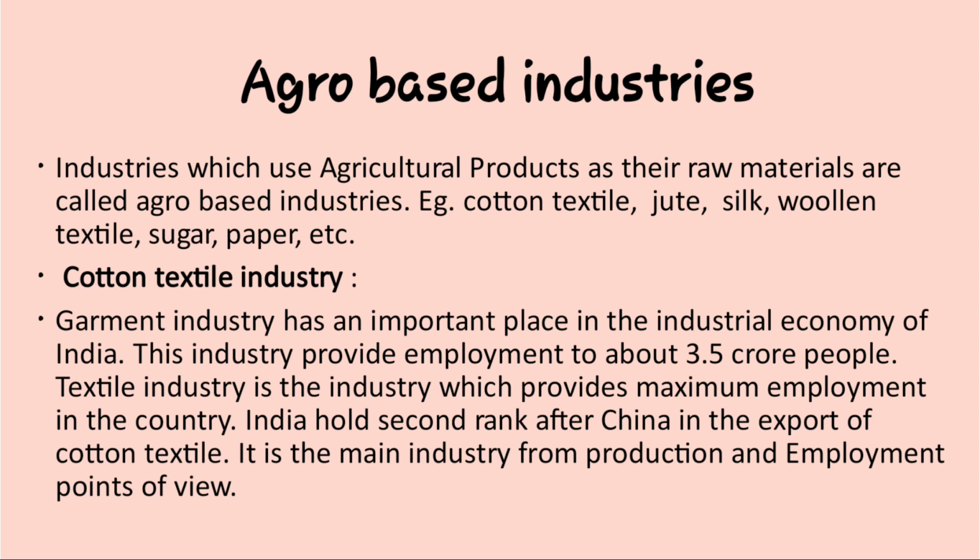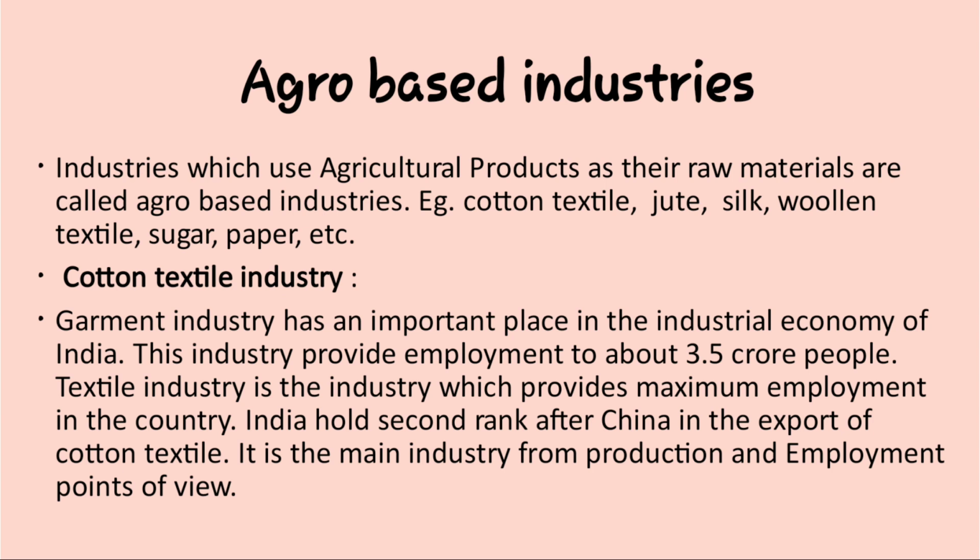For example, cotton textile industry is an example of large scale industry, whereas sugar industry is an example of large scale industry. Coming to ownership, we have private, public, collaborative and cooperative. Then for sources of raw materials, we have agro-based industries and mineral-based industries.